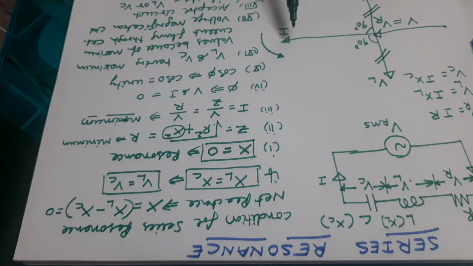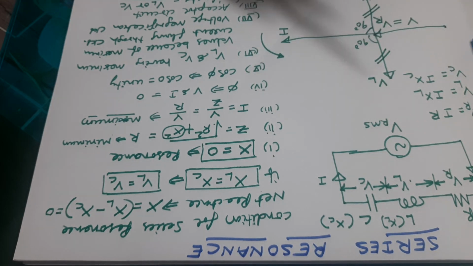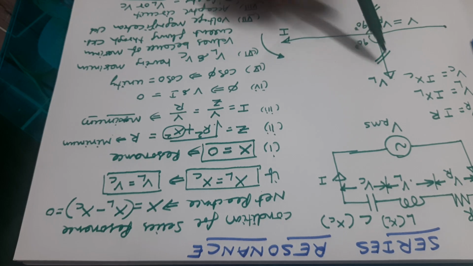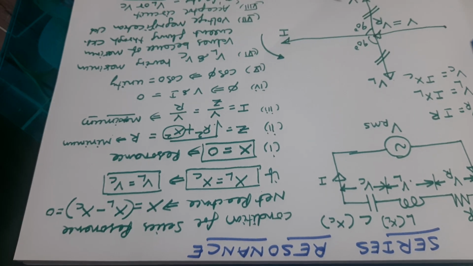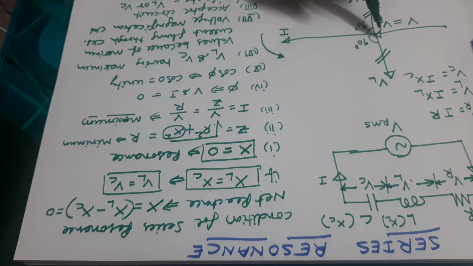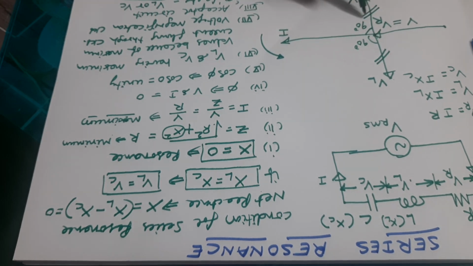As per the phasor diagram, taking the current on the x-axis, the voltage drop across resistance is in phase with current, the voltage drop across inductance is 90 degrees leading the current, and the voltage drop across capacitance is 90 degrees lagging with reference to this current. Therefore, under resonance condition, the value of VL matches with VC.